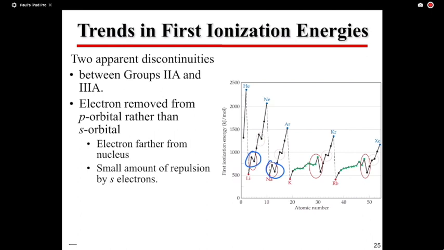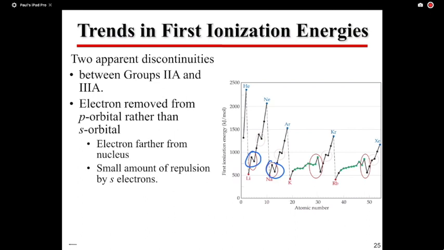We said the trend is supposed to get more. There's a little tiny drop there because the first two electrons come from the s orbital, okay, and they follow the trend perfectly. When I shift over to the p orbital, the electron's a little bit farther away, so the first one is actually just a little bit easier to take, but then the trend continues, okay?